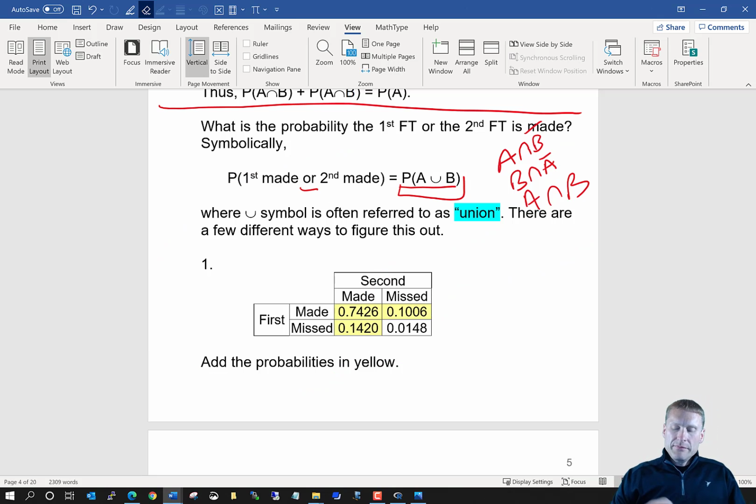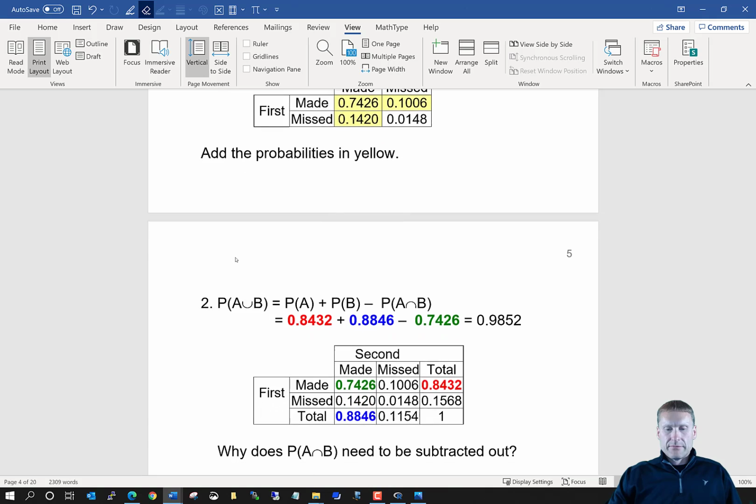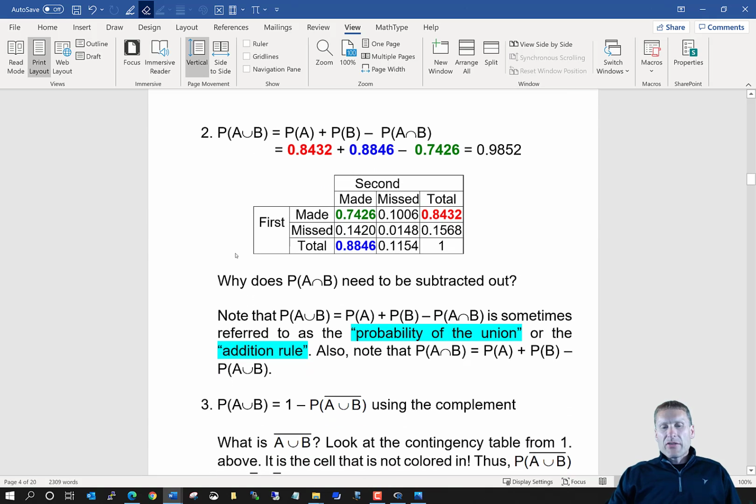Now there's actually a little bit of a shortcut way to find that expression. What we can do is simply take the marginal probability for A plus the marginal probability for B, and then subtract out the intersection between A and B. Why?